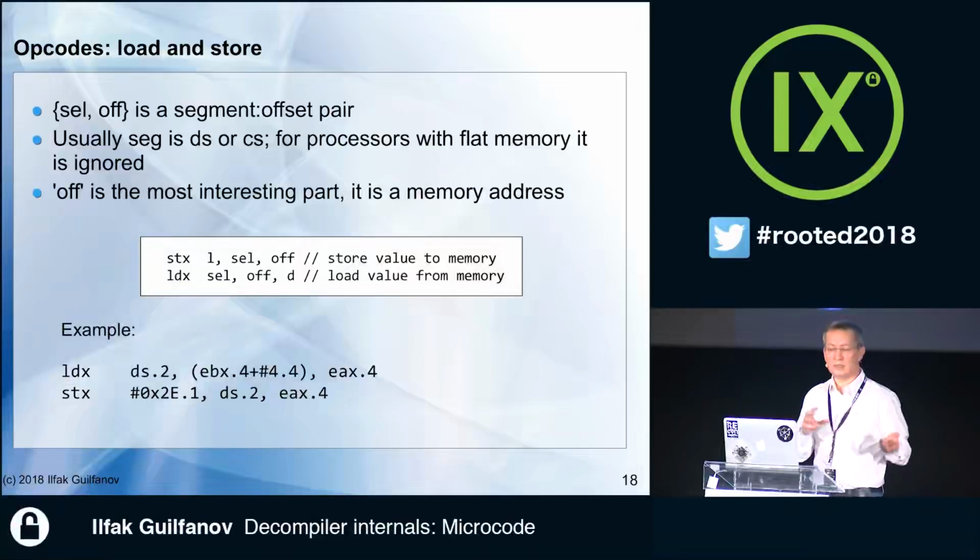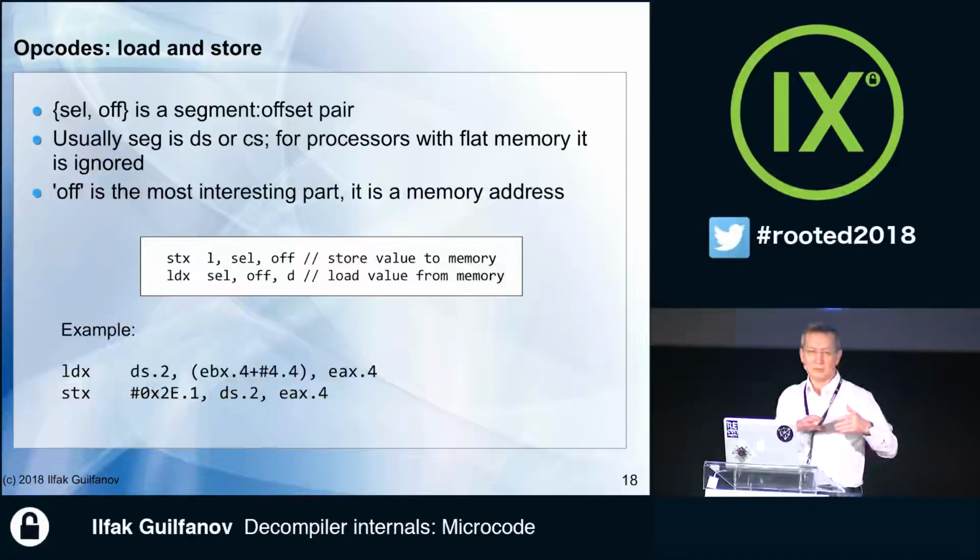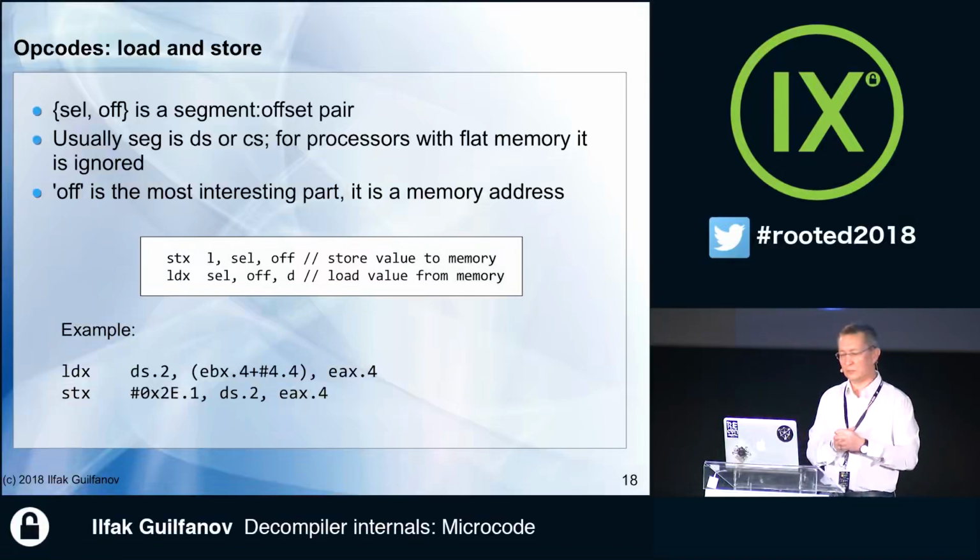We just use data segment or code segment because all modern compilers use flat memory model, and in theory, it is possible to handle segmented memories with this microcode. It is possible.